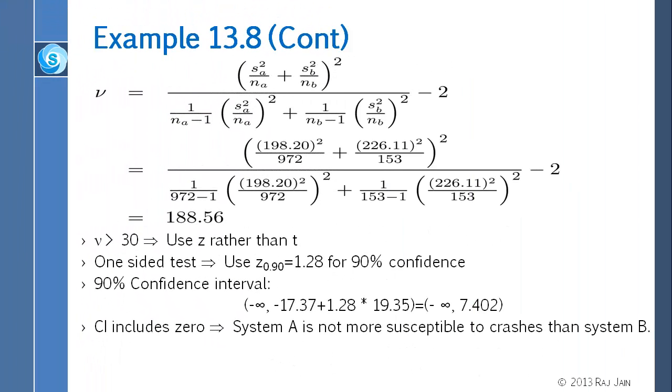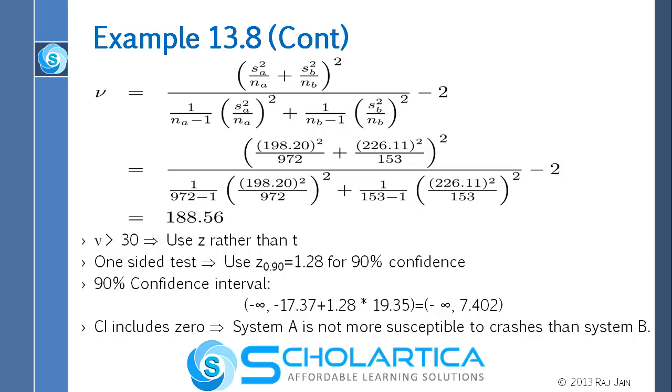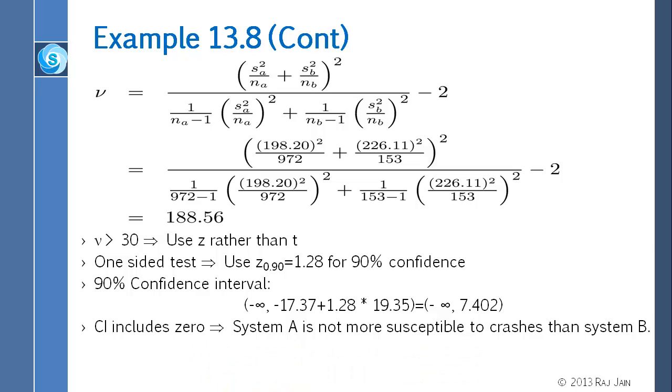Since it is more than 30, we can use Z, and the confidence interval includes 0, and therefore the systems are not different. The main thing new here is that we used a one-sided confidence interval. So we don't have 17.37 minus here and the plus there, because we don't really care if the number is smaller.